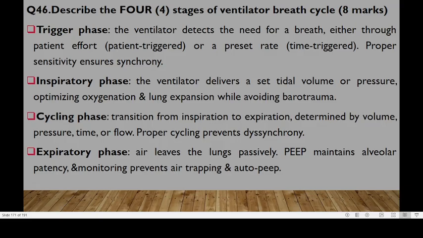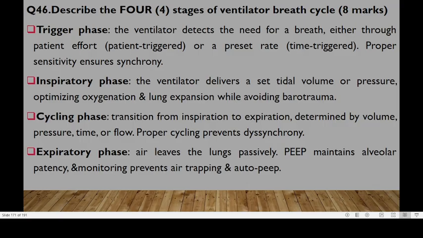Remember, proper sensitivity ensures there is synchrony. Respiratory phase is number 2, where the ventilator delivers a preset tidal volume or pressure, optimizing oxygenation and lung expansion while avoiding barotrauma. We have cycling phase.